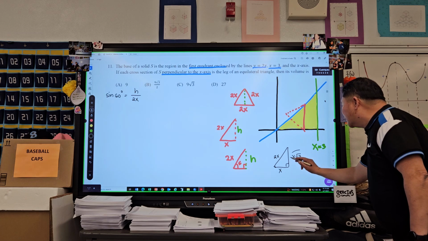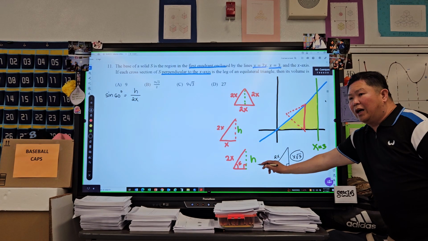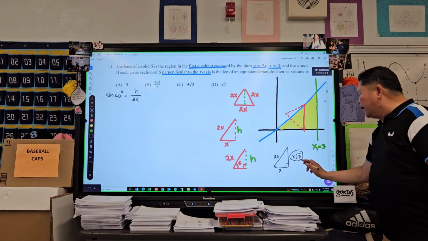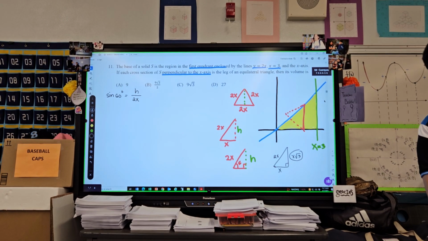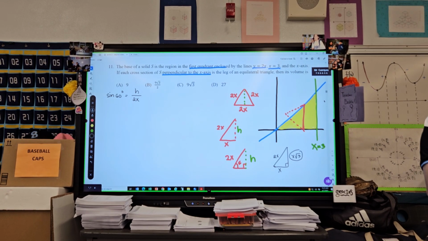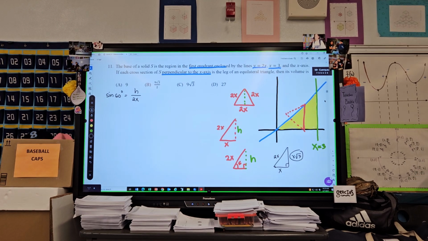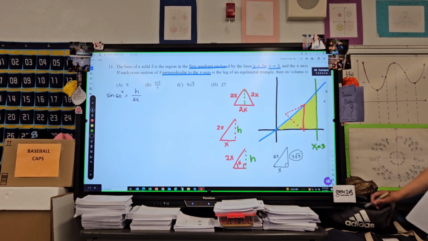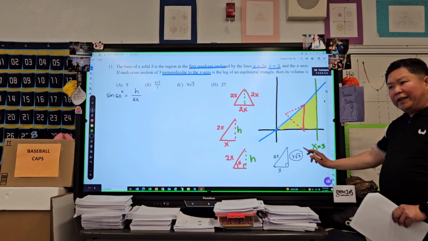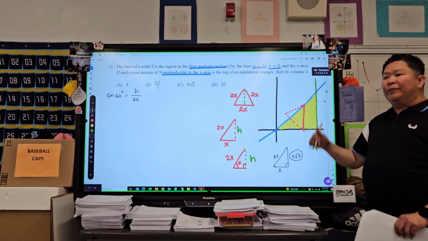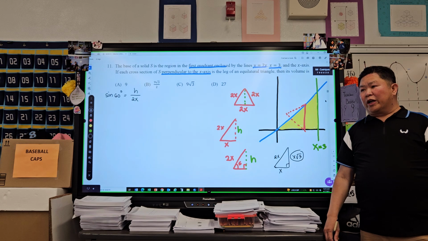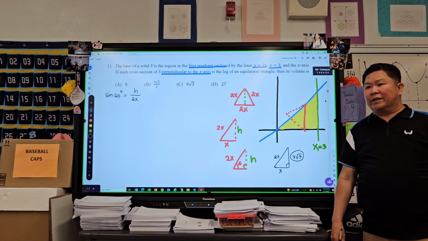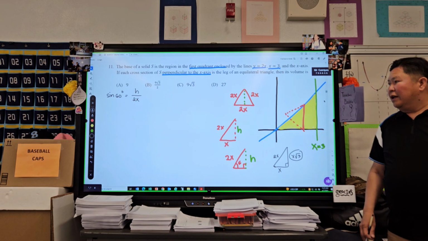So the h, therefore the height of this triangle, is x radical 3. Do you get me? Okay, that's good. So is this clear? That h is using the special type of triangle, 30, 60, 90 degrees. Geometry.